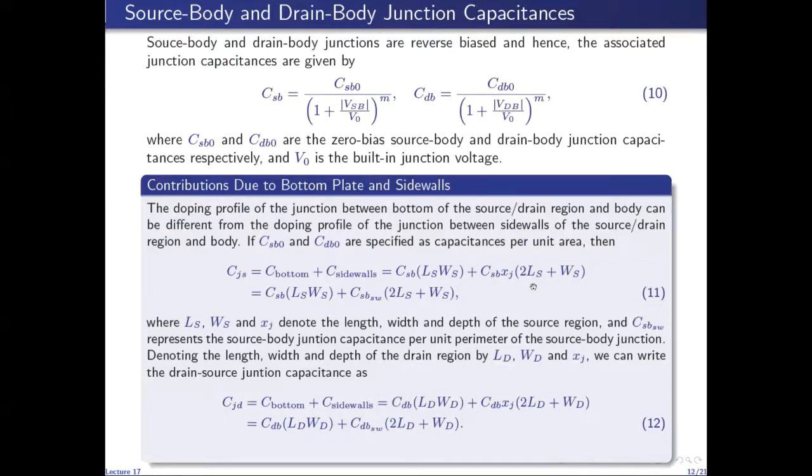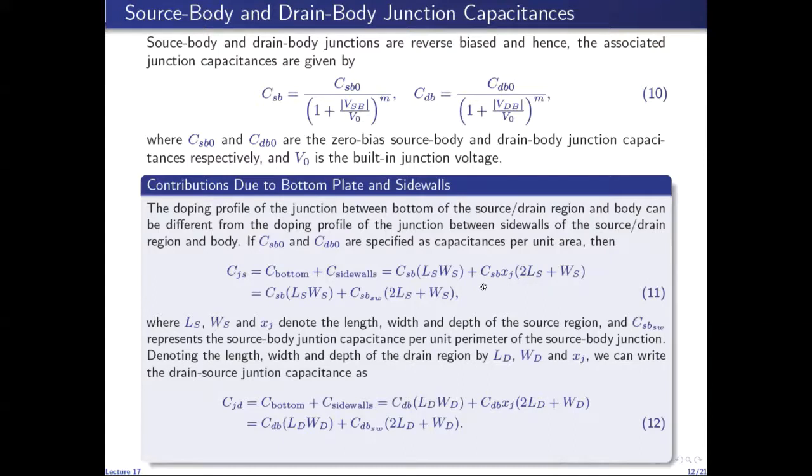This accounts for the junction capacitance at the front and back face of the source region, plus CSB times xj times WS gives the junction capacitance associated with the PN junction at the left side wall. When we add the 3 components, we can take CSB xj out common, and what we are left with, 2LS plus WS, is called the perimeter of the source region.